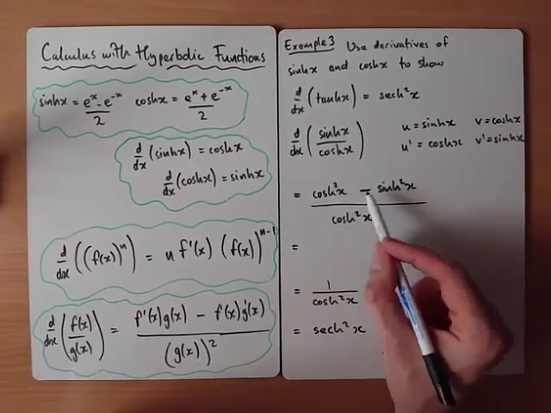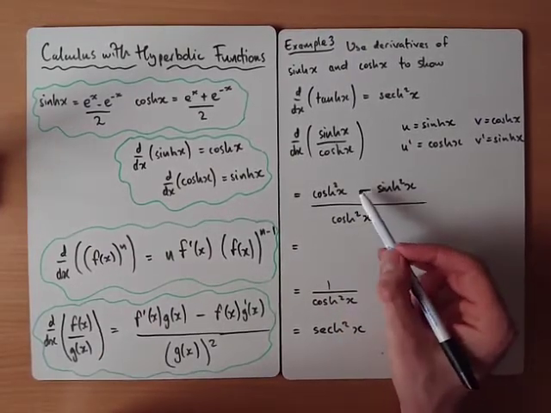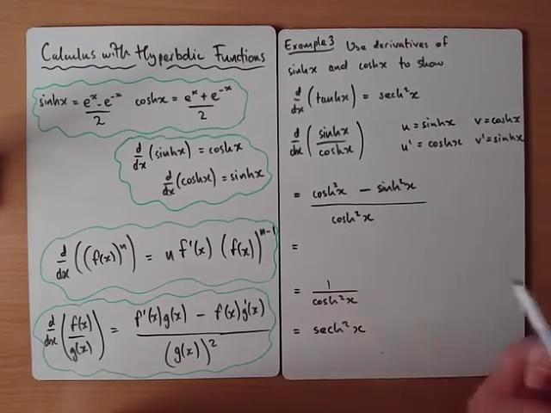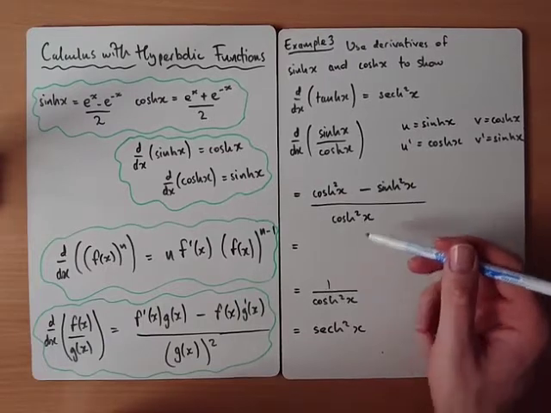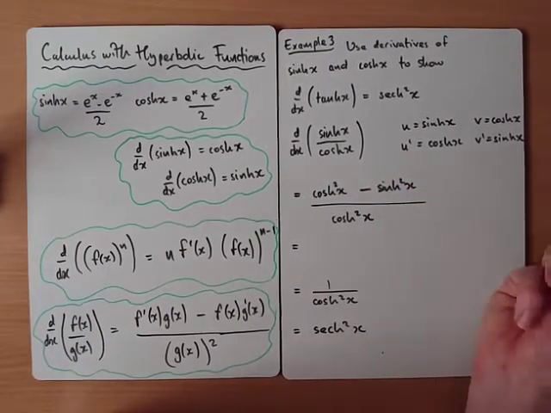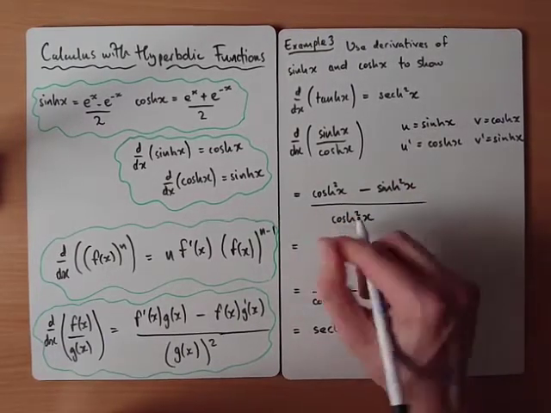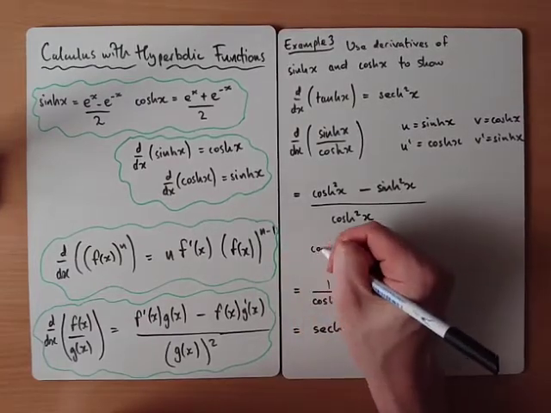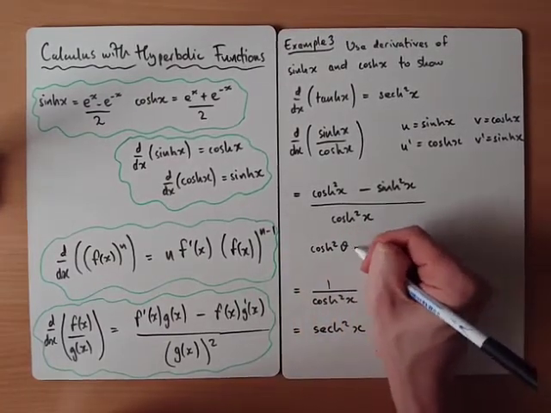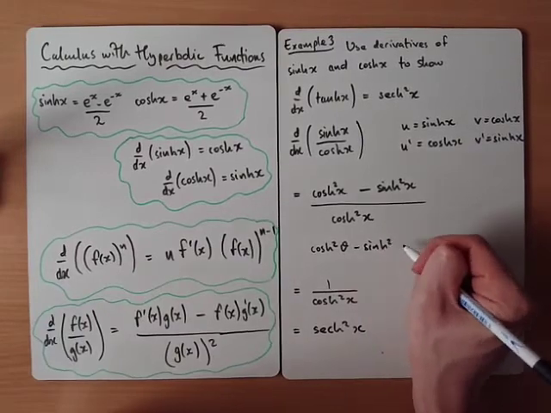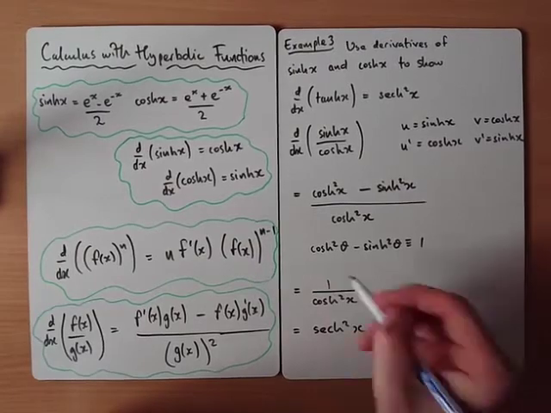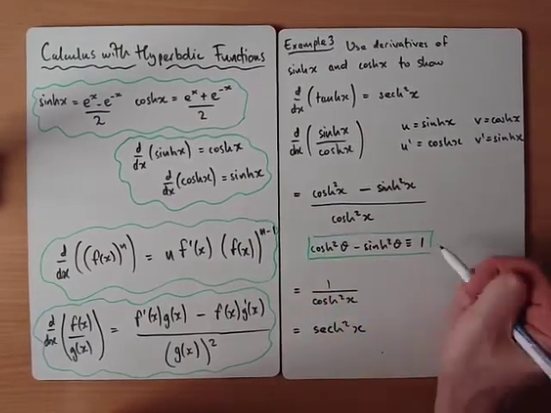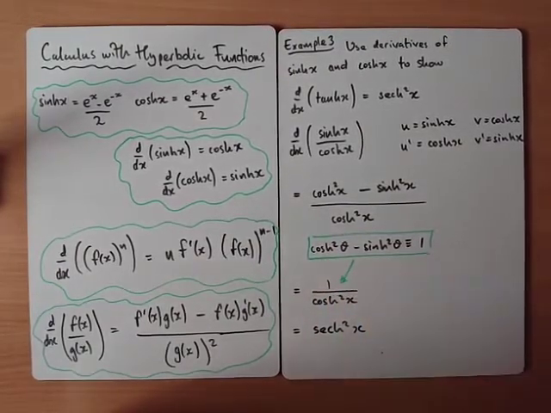And looking at what we've got here, clearly what we've got on top must be 1. Because if it's going to end up looking like sech squared, 1 over cosh squared, we've got something over cosh squared, which must be 1. We should just write down the identity that we're using there: cosh squared minus sinh squared is equal to 1. It's always useful to state the identity that you're using, especially in these show questions, to justify where the answer comes from.